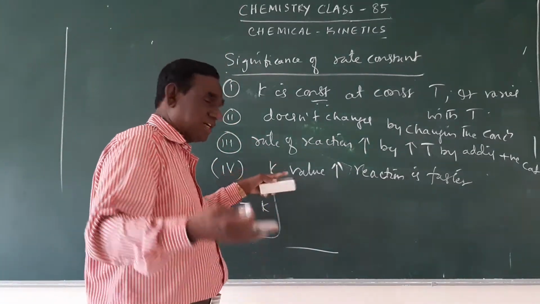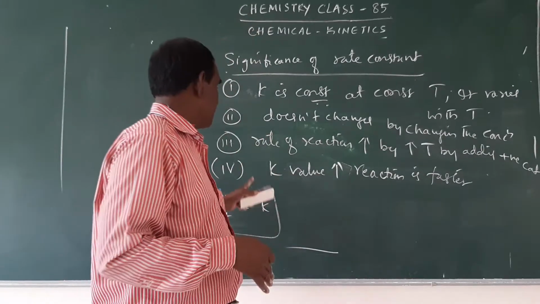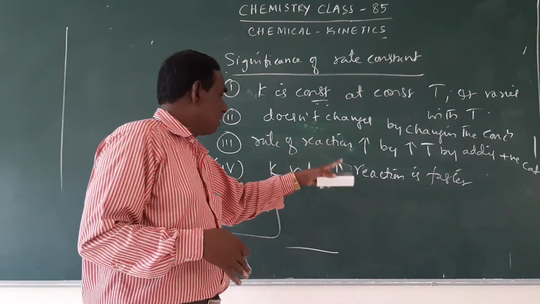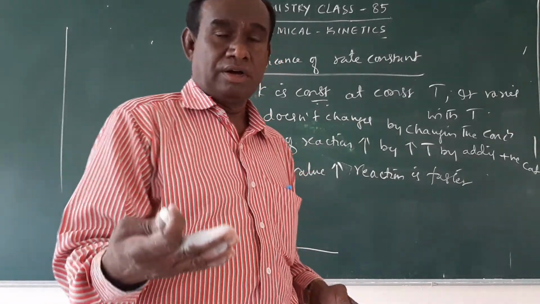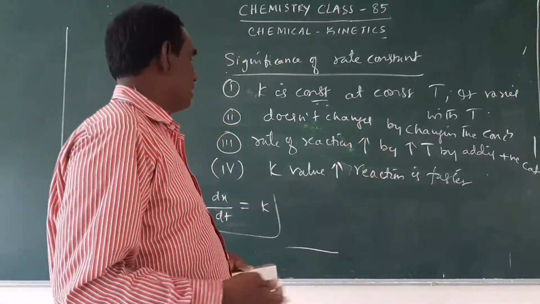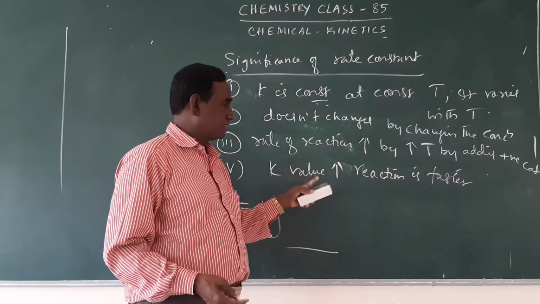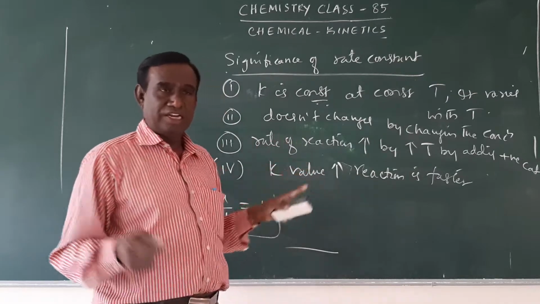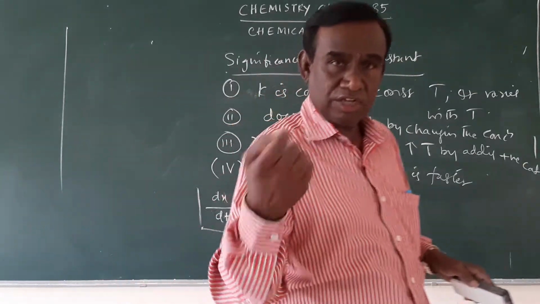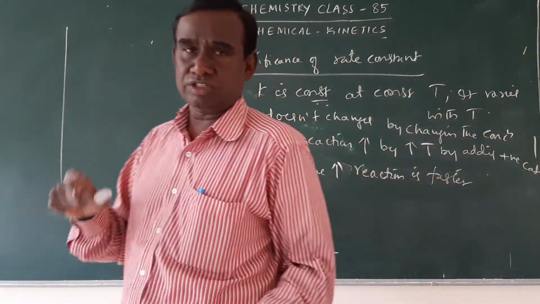As the value of K decreases, the reaction rate decreases. That means an increase in K means an increase in the rate of the reaction. The value of K indicates whether the reaction is fast or slow.